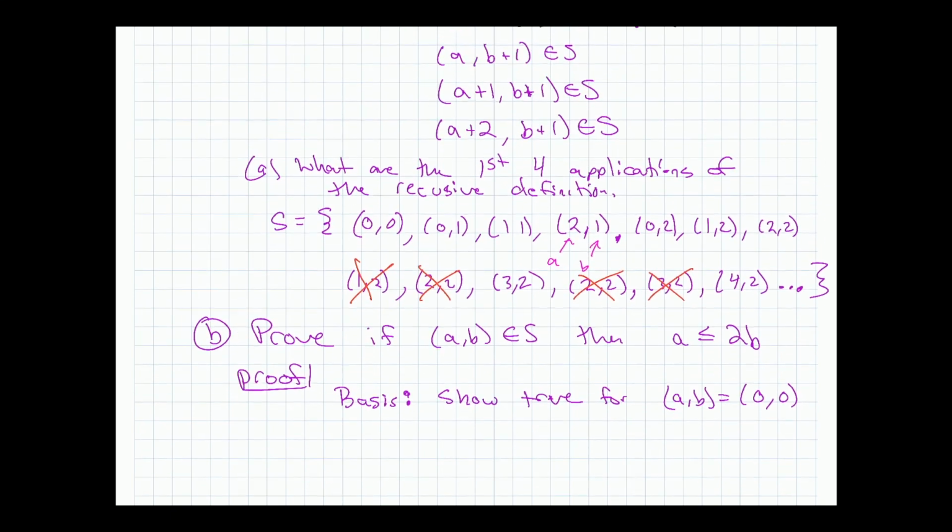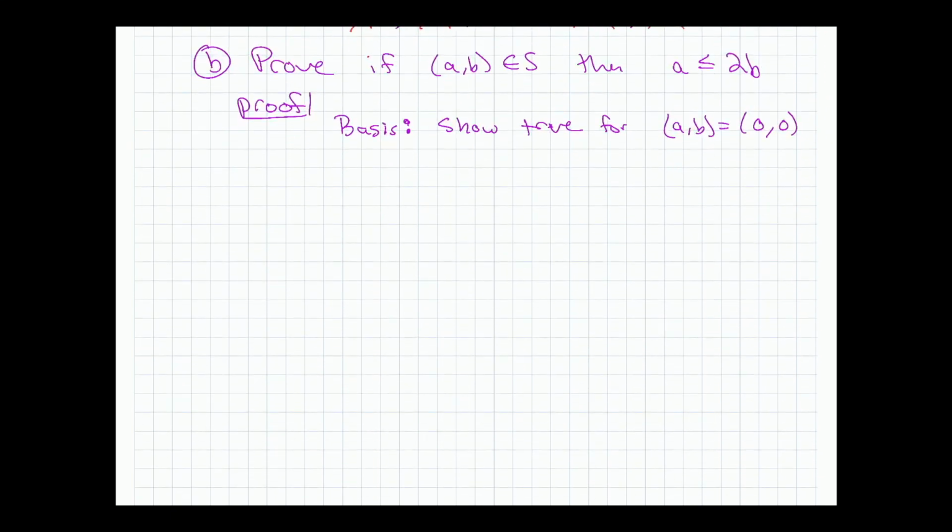That's the basis of the set. Is 0 less than or equal to 2 times 0? Yes, that's true, because that's just putting 0 in for A and B.